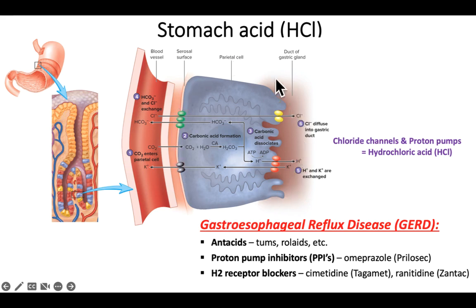This parietal cell is producing the acid, and it does it by using basically 2 little channels. It has what we call a proton pump. That's going to be pumping the protons or the hydrogen ions into the lumen, and then it has a chloride channel. So together, the protons, the hydrogen ions, and the chloride ions form the hydrochloric acid. All right, and there's a few stimuli for this. One is your vagus nerve.